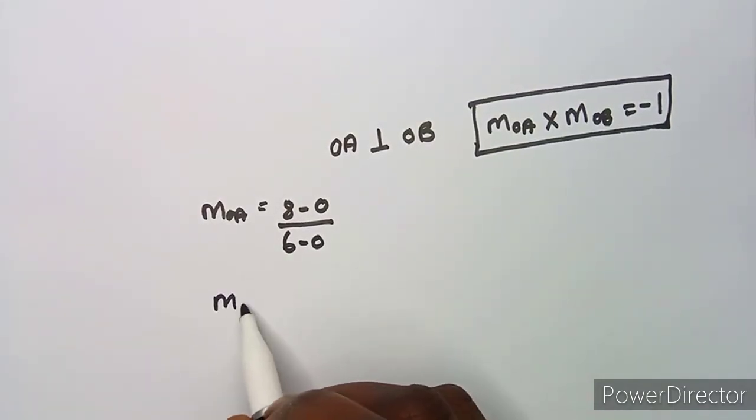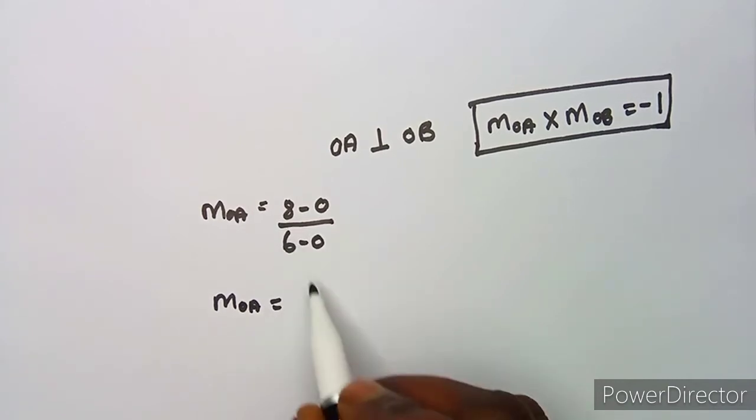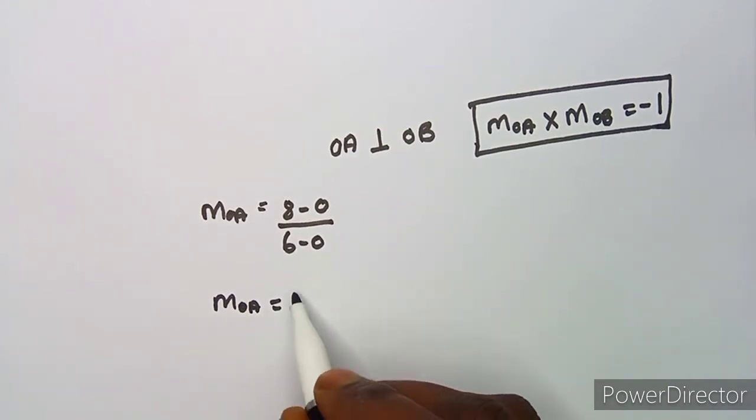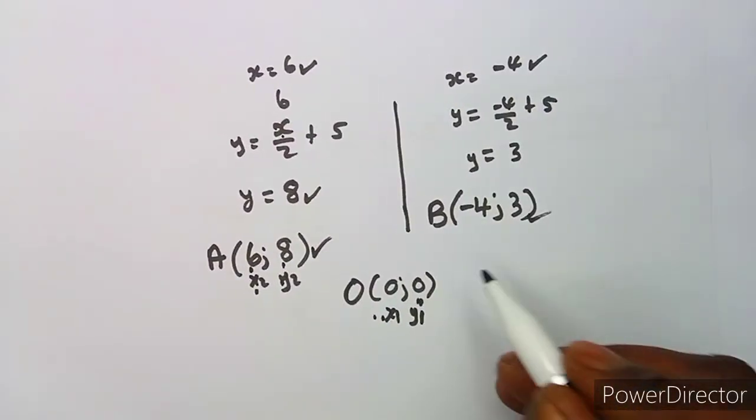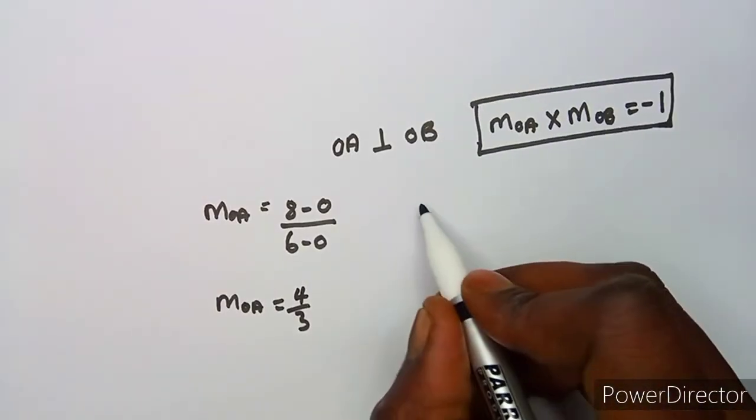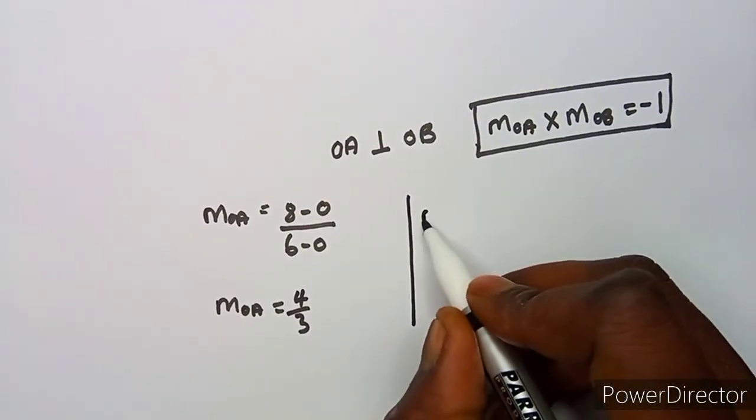So that's going to be the gradient of line OA, which is going to give us 4 over 3, if I'm not mistaken. All right, but just cross check with what you have. Please use your calculator, guys, like I said.